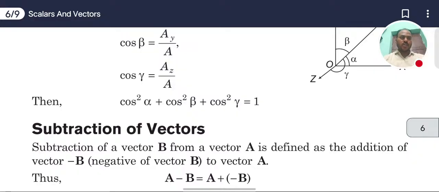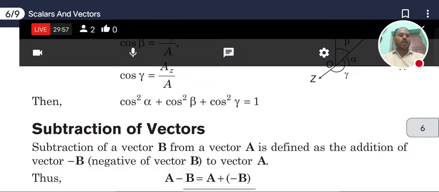After that I taught you about rotation of vectors, resolution of vectors, direction cosine of a vector, as well as the last topic, subtraction of vectors. Tomorrow we will discuss the next topic, multiplication of vectors, in which we will discuss the dot product and cross product. So that's all for today.